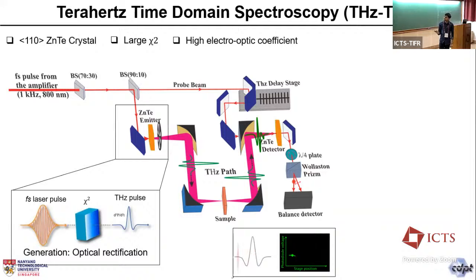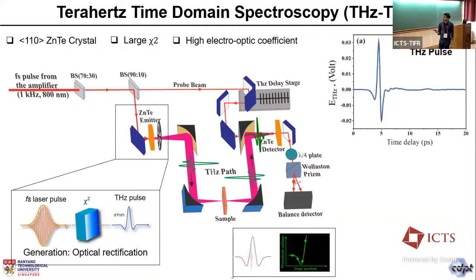We pump the emitter with this laser and generate terahertz, and we put a sample that we want to explore in the focal point of this terahertz wave that we collect using a parabolic mirror. For detection we use a similar zinc telluride detector, which is a high electro-optic coefficient material. Through electro-optic sampling, we can detect this terahertz that contains the information of the sample.